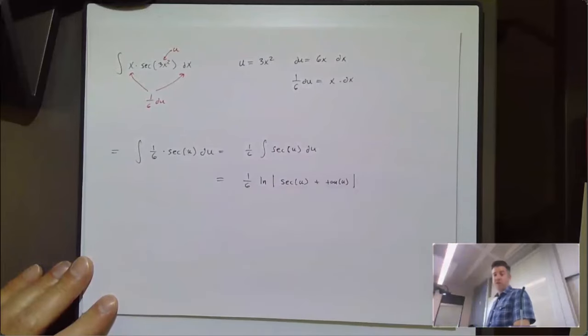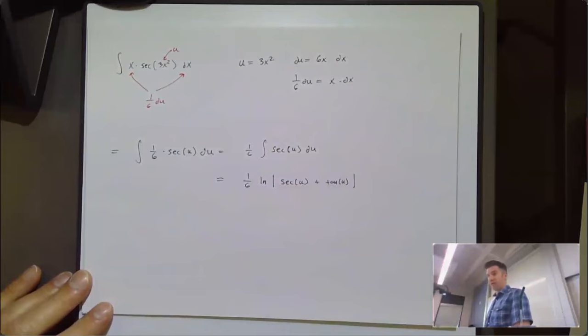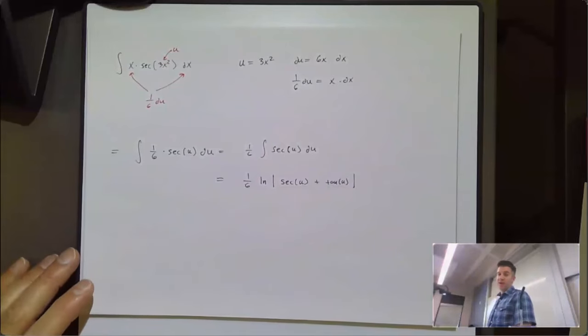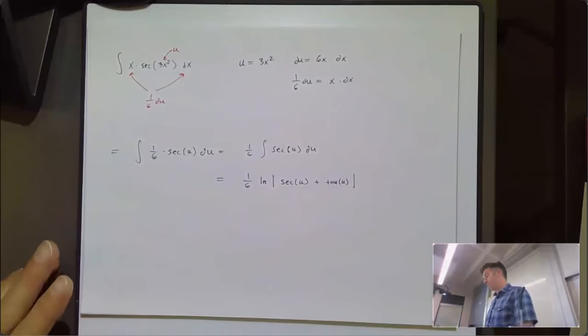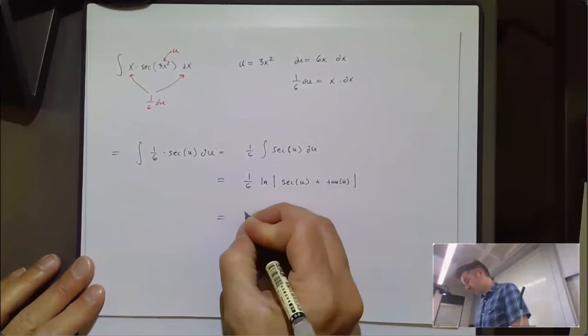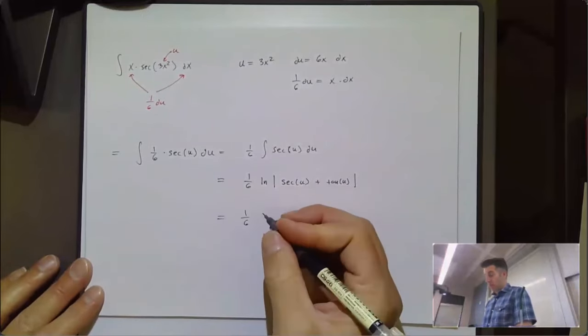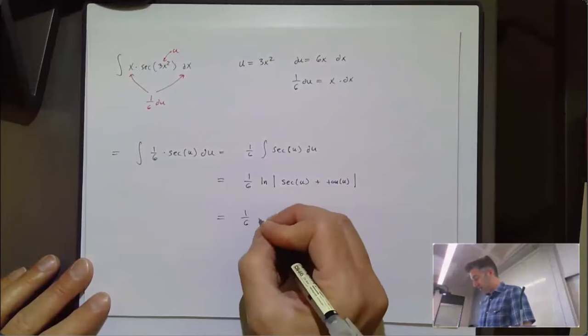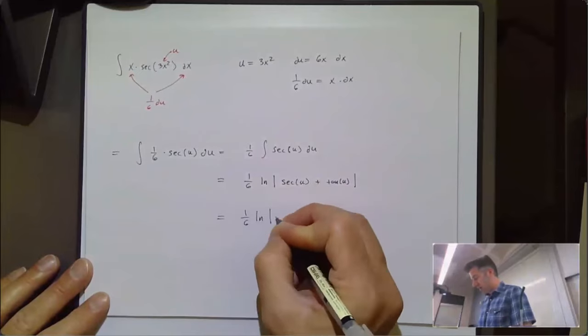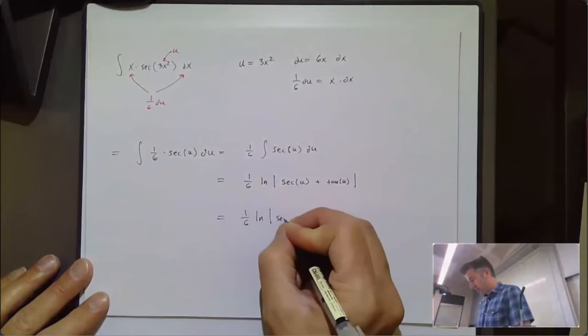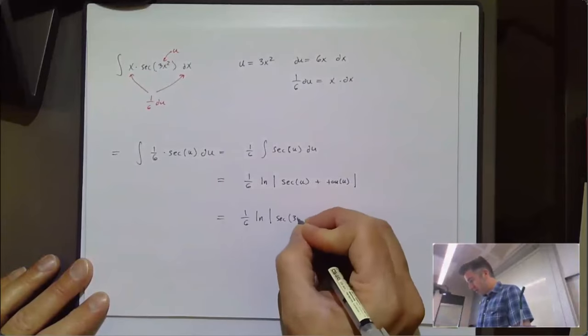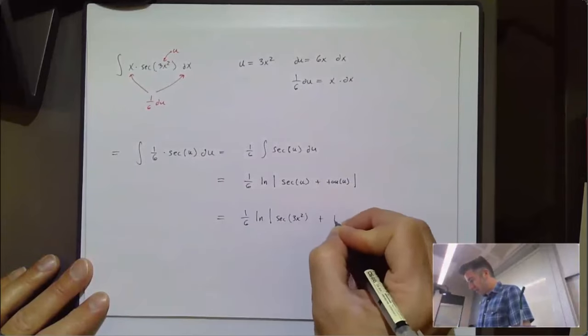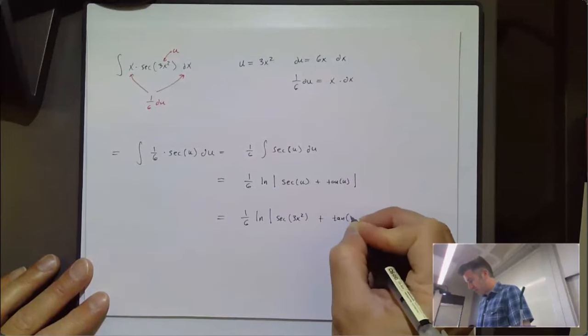If that doesn't sound familiar, I wouldn't worry too much about it because you probably haven't learned it in class and you're probably not responsible for knowing. But if you are concerned, you have questions, you are welcome to ask. So then we're going to plug back in u and get 1/6 natural log of the absolute value of secant of 3x squared plus tangent of 3x squared.